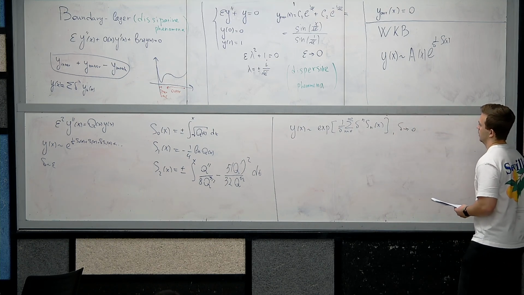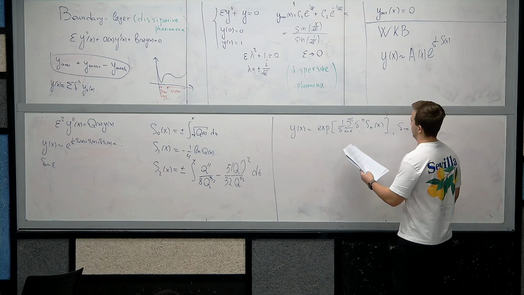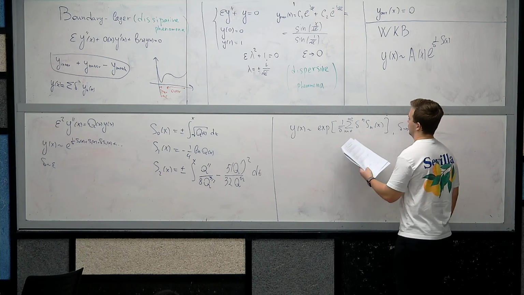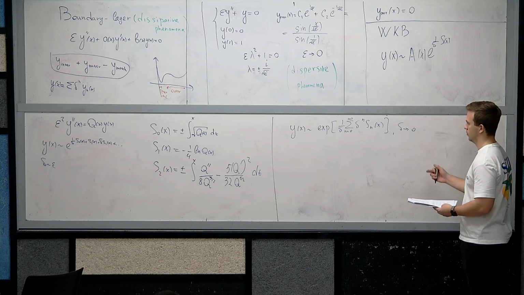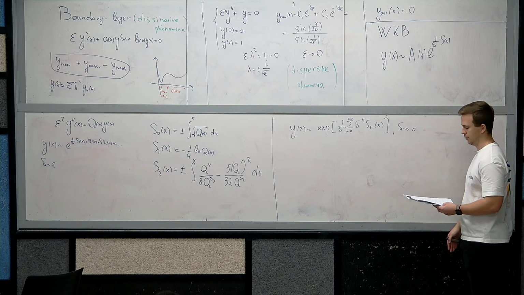Why? Because first of all, this series usually diverges, and therefore we need to find a good point where we can truncate this series.